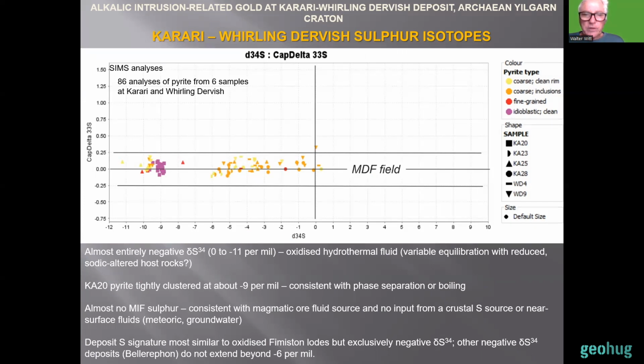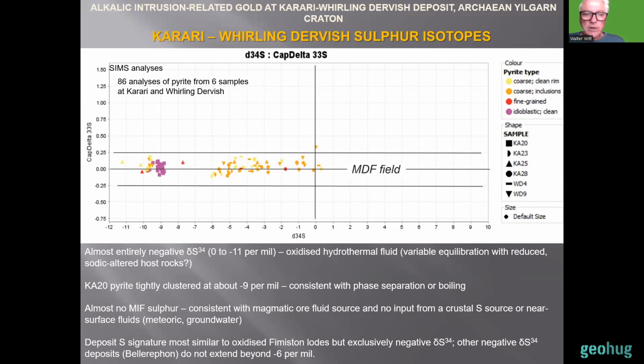On the other hand, the run-of-the-mill pyrite, extending from 0 to -6 per mil, probably formed by a redox reaction in which an oxidized ore fluid came into contact with reduced sodic altered wall rocks.